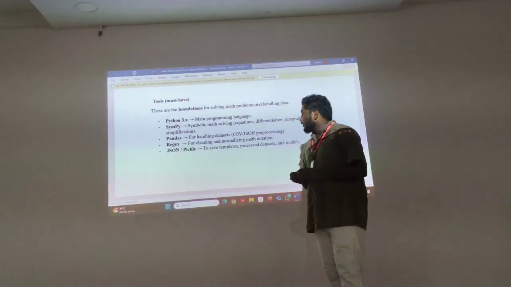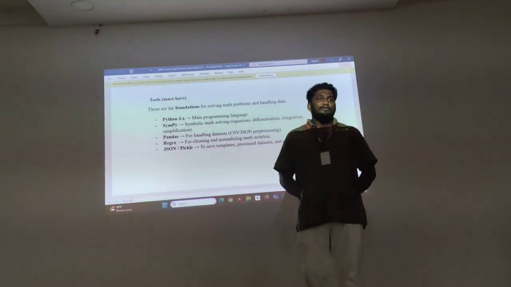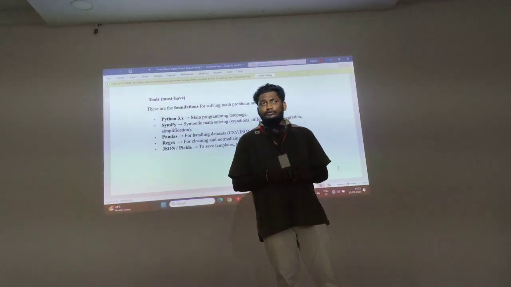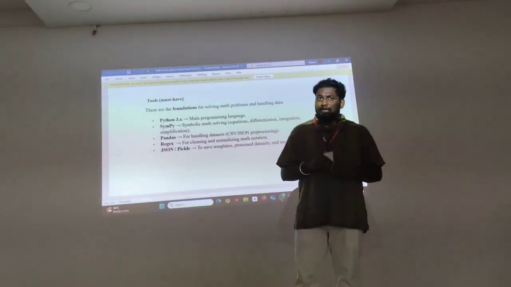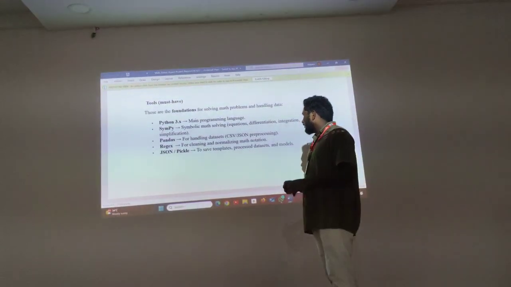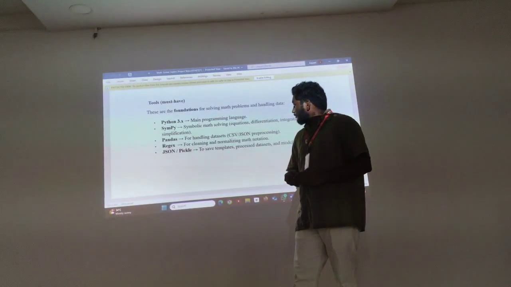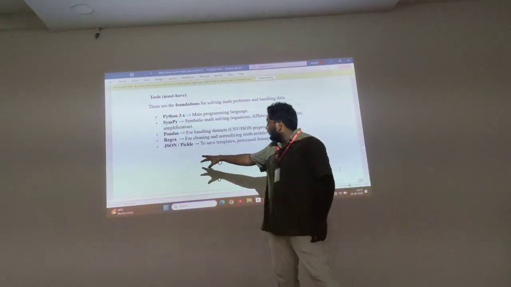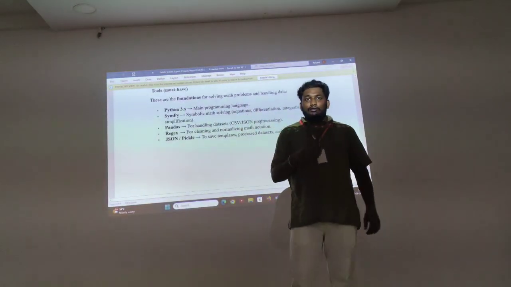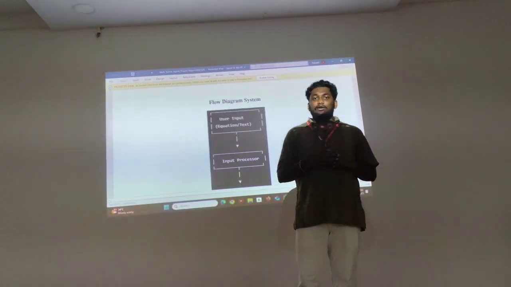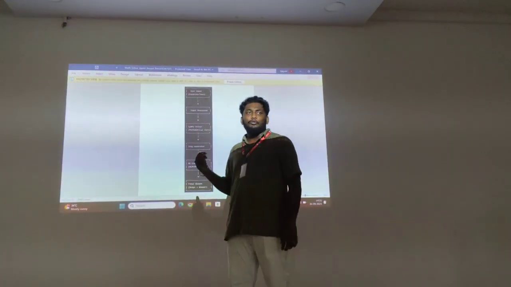Pandas is used to give the data frames. For data frames, we use pandas. Regex is used to normalize the problem. Pickle is a format in which we can save the data model and deploy it in our own projects.